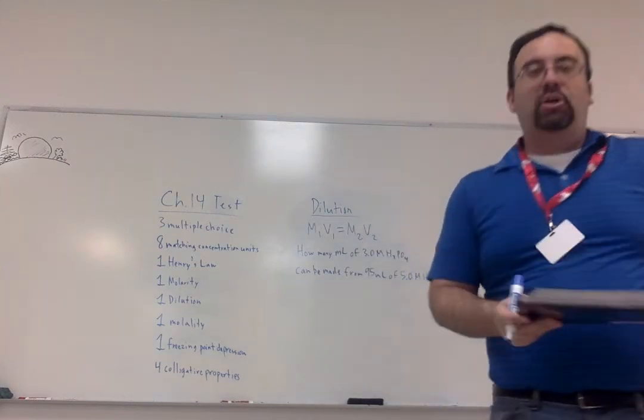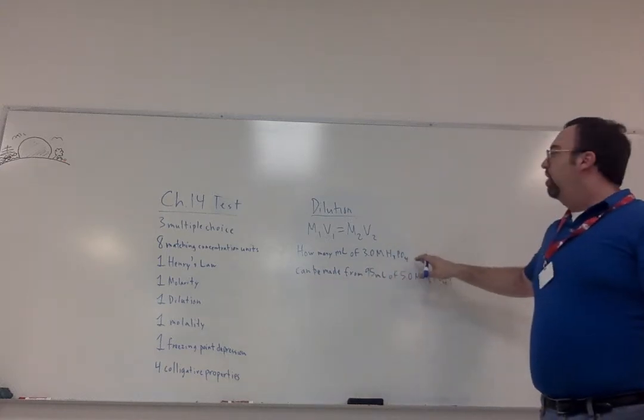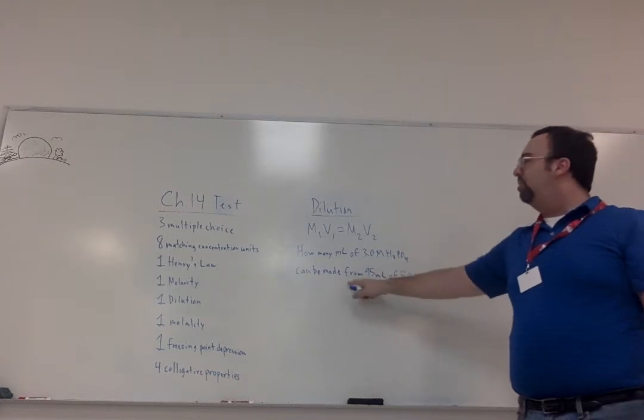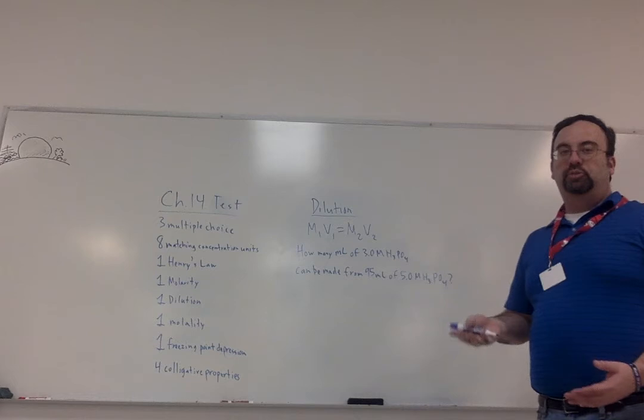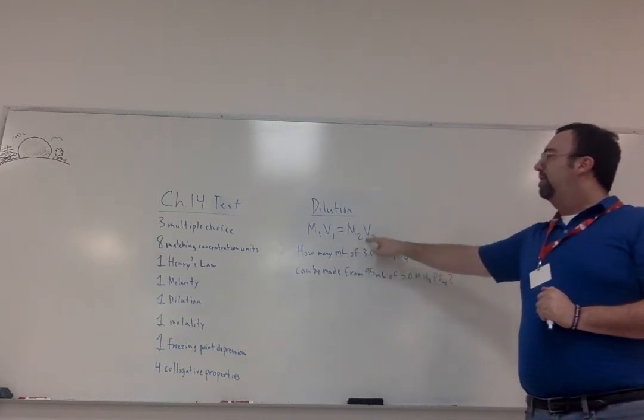All right, so here's the question for dilution. How many milliliters of 3.0 molar H3PO4, that's phosphoric acid, can be made from 95 milliliters of 5.0 molar phosphoric acid? So in this problem, what we're looking for is the V2.